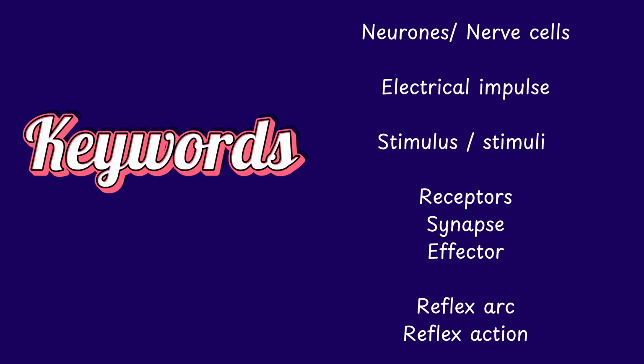Please do not say message or information. Say electrical impulse. Stimulus or stimuli, receptors, synapse, effector, reflex arc, reflex action. And when it comes to neurons, students, name them: sensory, relay, and motor neurons. That will help you to score good marks on your paper.